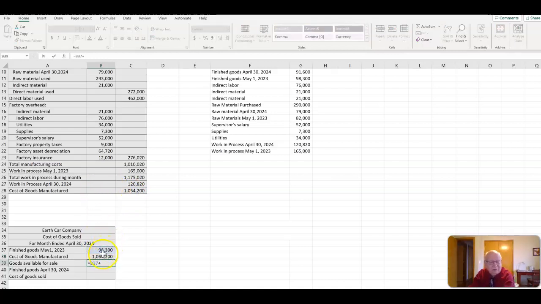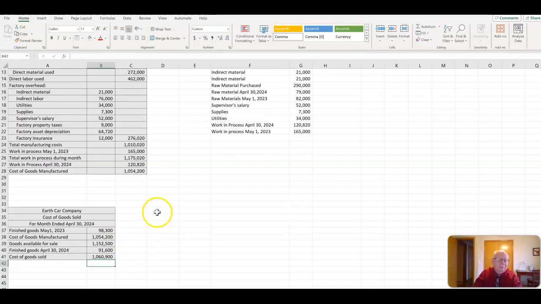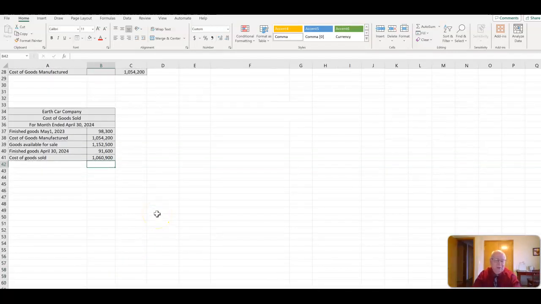If you notice, this is real similar to what we did in financial in the same type of statement, the cost of goods sold statement, except this time instead of purchases we have cost of goods manufactured. And then we subtract off the ending finished goods, which is 91,600, and that will give us then the cost of goods sold. And by subtracting those off, cost of goods sold then is $1,060,900.